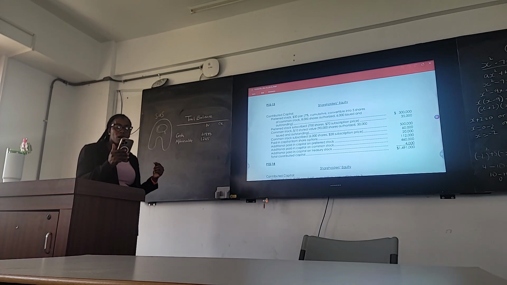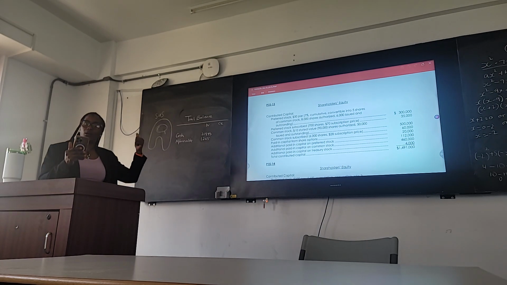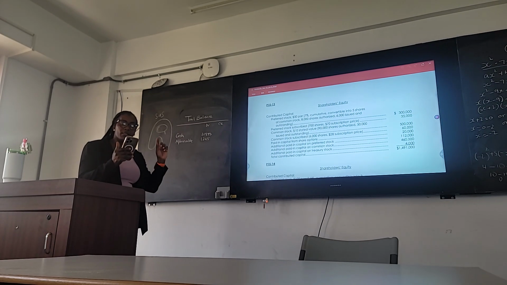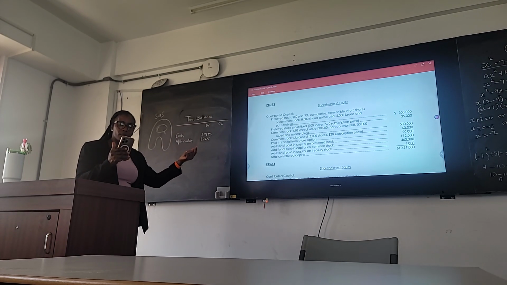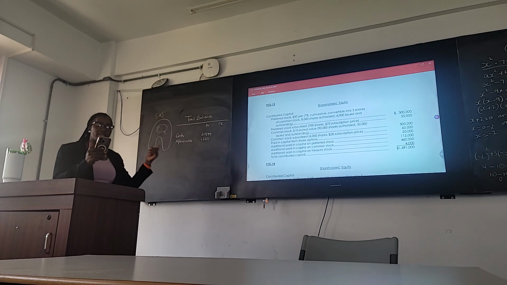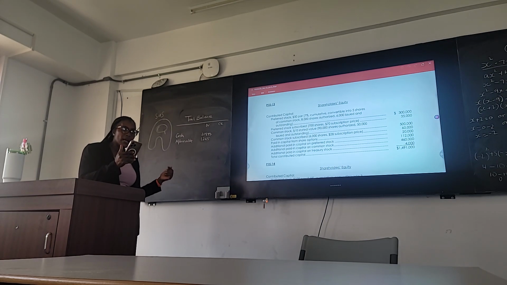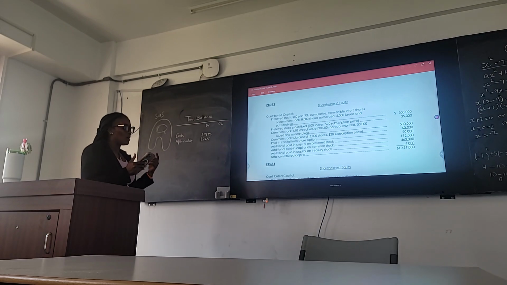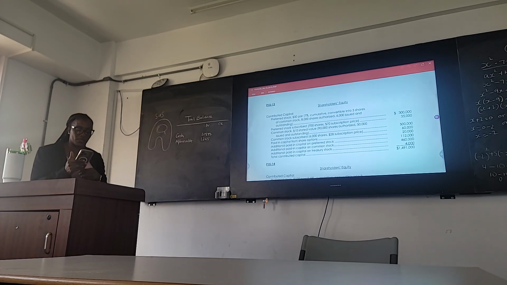The bonds payable does not go to contributed capital, that goes to liability. Long-term investments in common stock, that goes to our assets section. Premium on bonds payable is the liability section. Unrealized increased value of securities available for sale goes to the comprehensive income section, and common stock warrants, 20,000, also goes to the income statement.